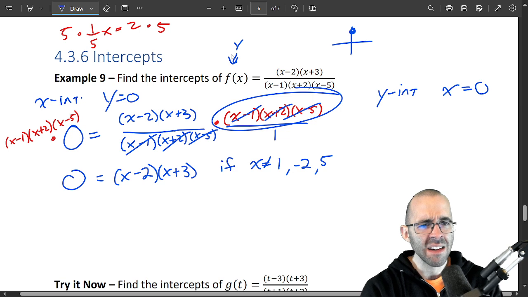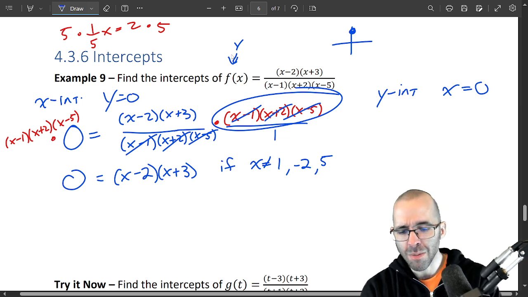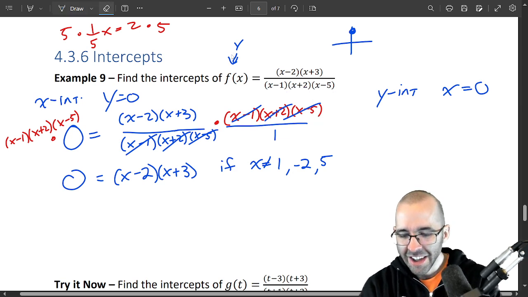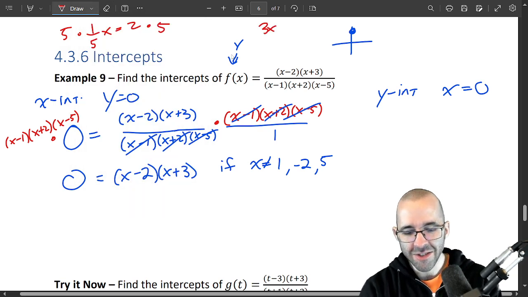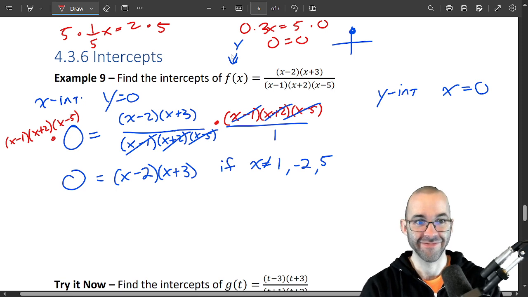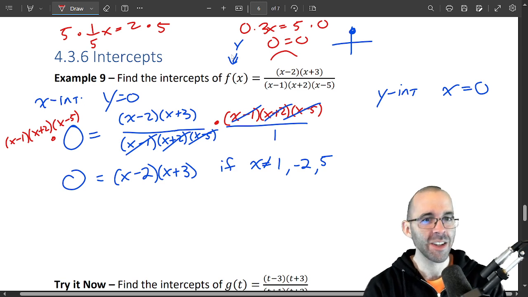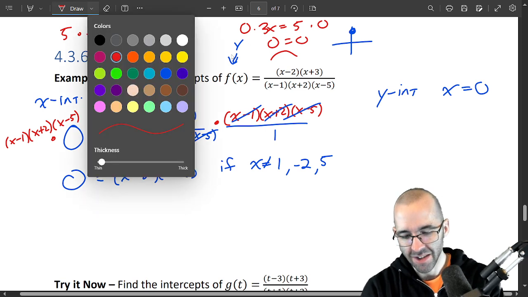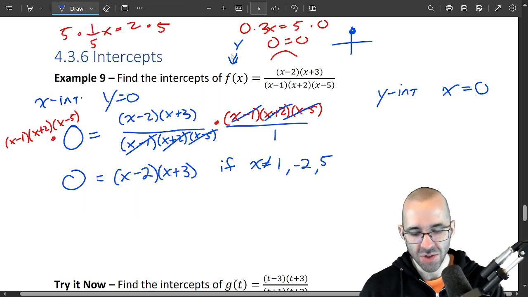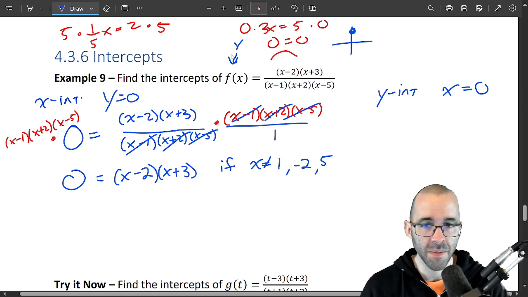If x is equal to 1, we're multiplying both sides of this equation by 0, which is not the best problem-solving technique. Say you're trying to solve an equation and you say, well, let's multiply both sides by 0. Great. Make it a little sad face. We never want to multiply or divide both sides of an equation by 0. That's silly. So, not useful. So we have to make sure we're not multiplying both sides by 0.